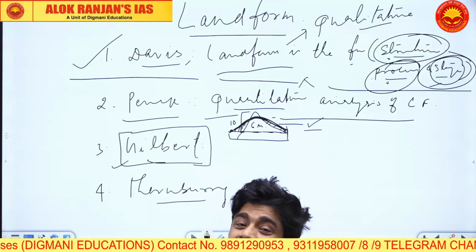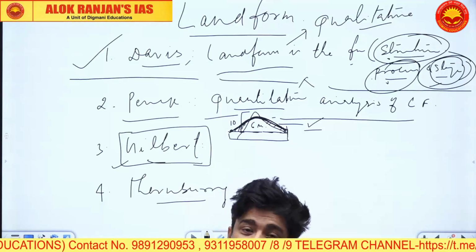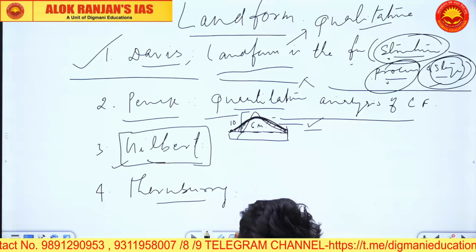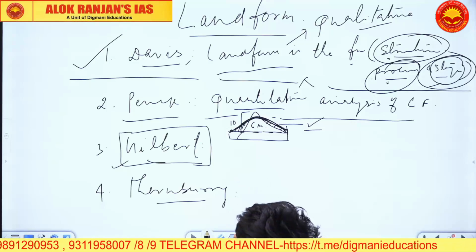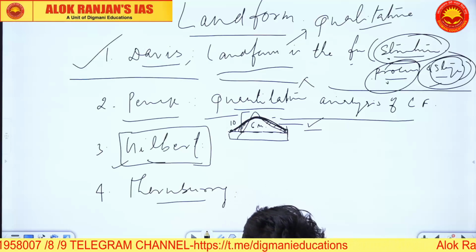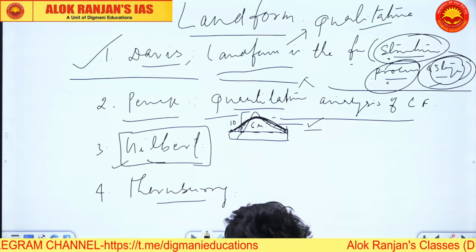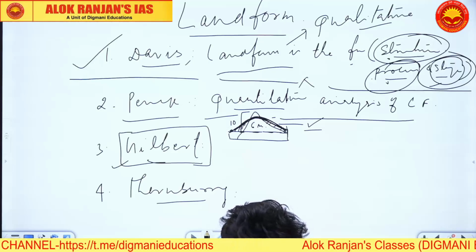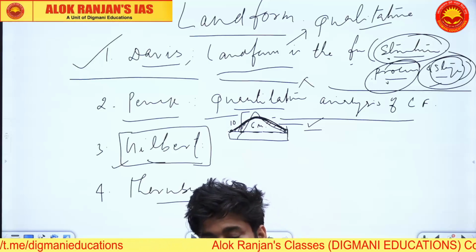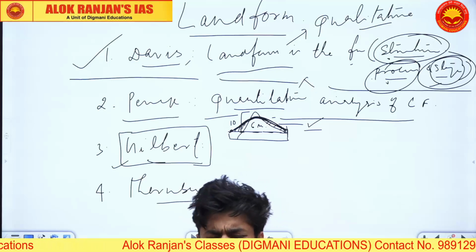While landscape is the combined effect of numerous landforms such as again mountain, plateau, plain, whatever.